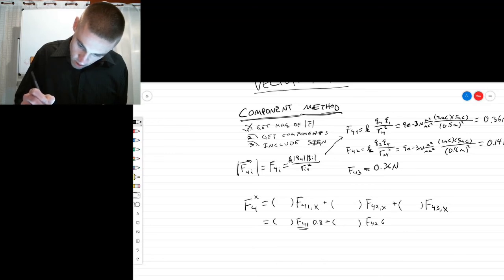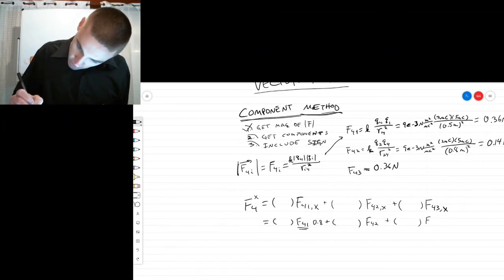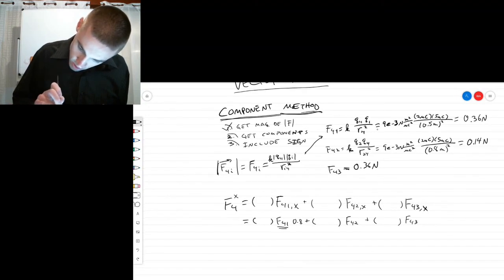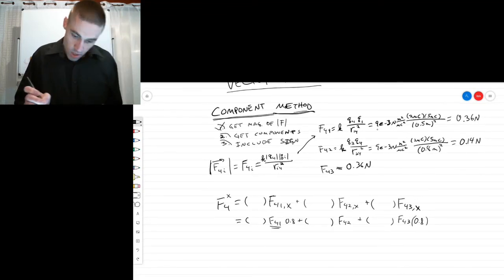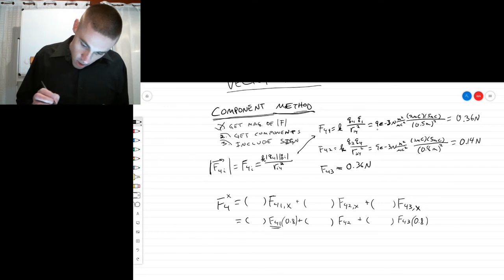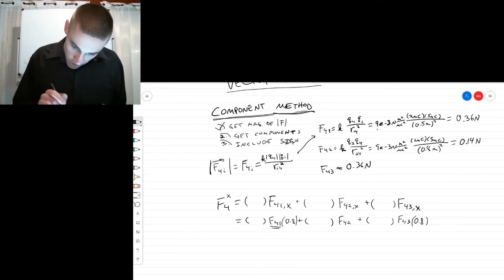Remember, F42 had only an x component, so F42x is just the same as the magnitude of the vector there, plus some sign times F43 times 0.8. Great. So I have the x components for each one.